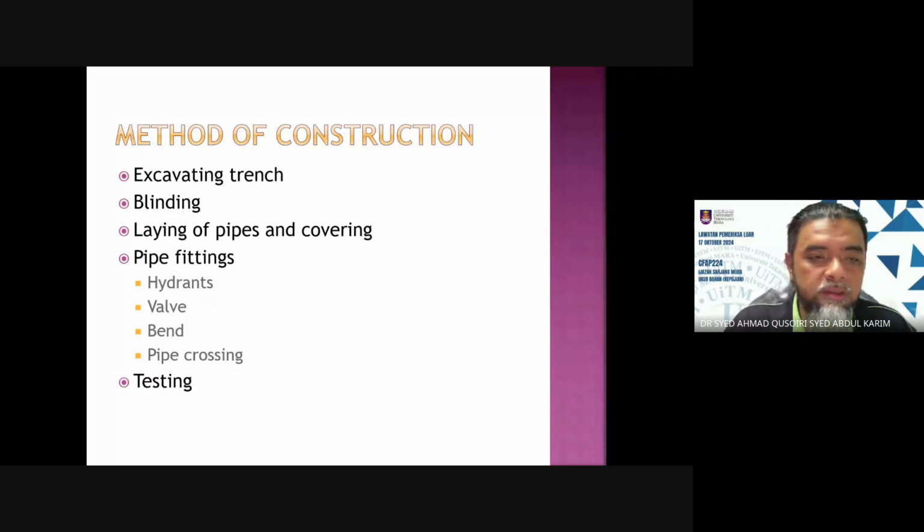Okay, so how to construct the pipes? All right. So these are for pipes buried underground. Of course we have to excavate a trench to its platform level, and then we put in sand blinding, okay, to ensure that the bottom surface of the trench is smooth. Then it depends on the design, right? So in this design, after blinding, we have laying of pipes.